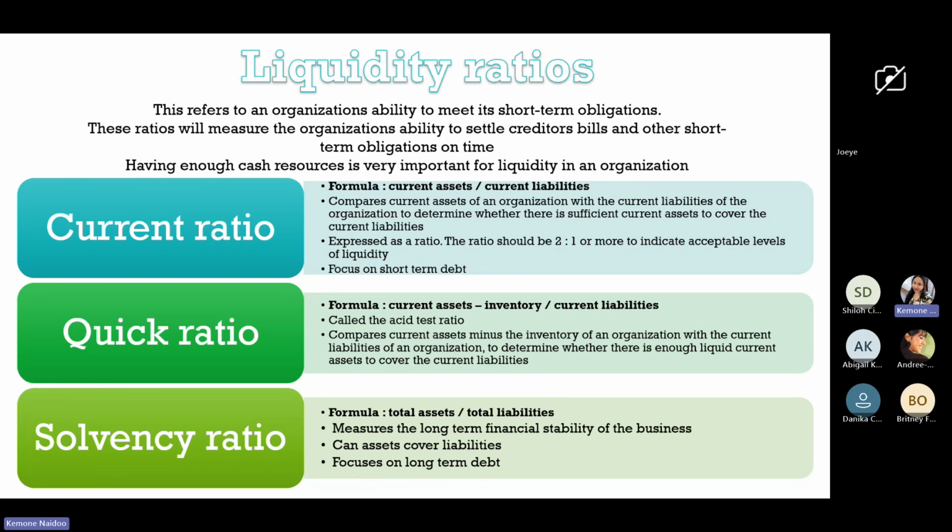You just take your total assets, you divide it by total liabilities, and you will arrive at a ratio. So again, your assets must be more than your liabilities. Okay, so always remember that if assets are not bigger or more than your liabilities, then that simply means that you do not have enough assets to pay off your debt. Okay, and that's not a good sign for the business. So that's the theory aspect of our liquidity ratios.